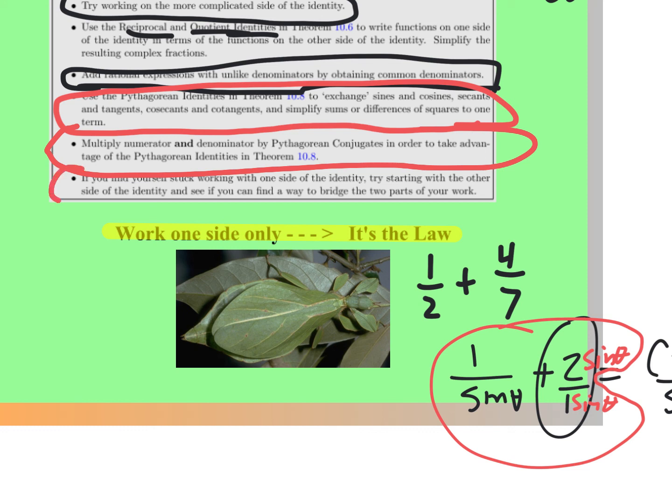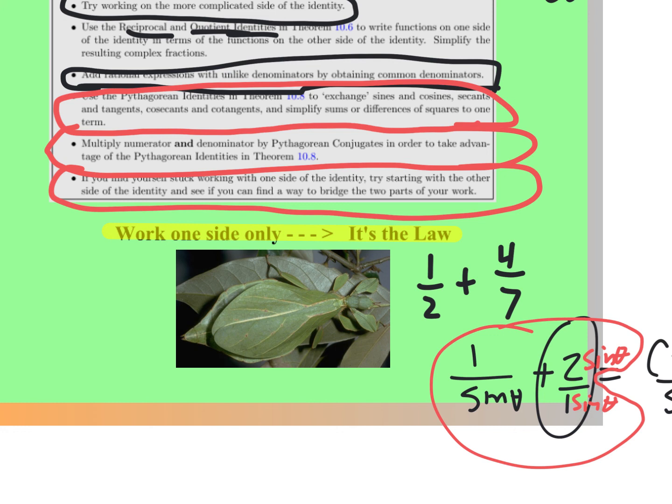And if you ever get stuck trying to simplify one side, you can always start the problem over and try to simplify the other side. Because sometimes you think one side's more complicated and you simplify that, and it just doesn't work. So then you quit that, go to the other side, maybe I'll simplify that.